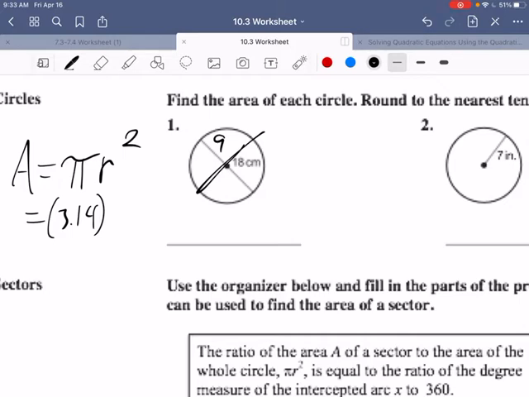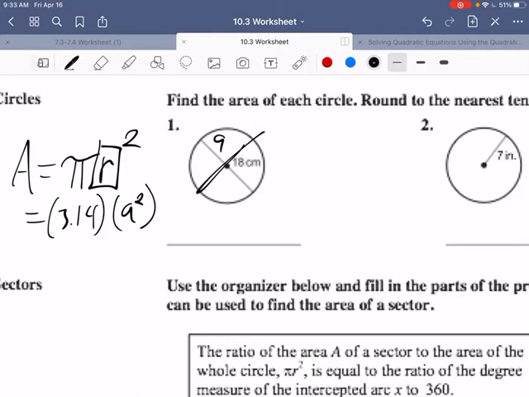If you remember your exponent rules, it's just going to be 9 squared, okay? Just times 9 squared. So whenever we see this, we don't multiply 3.14 times 9 and then square our answer. Following PEMDAS, our order of operations, we're going to want to do just the exponent first. So if we do 9 squared, that's going to be 9 times 9 is 81.